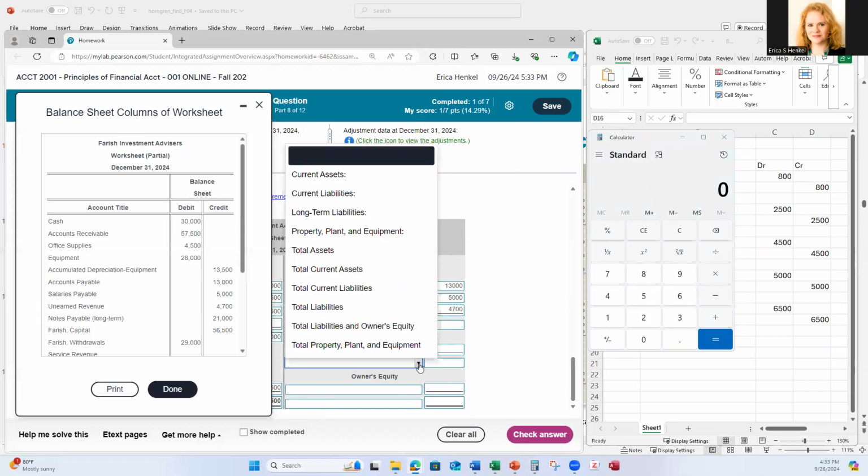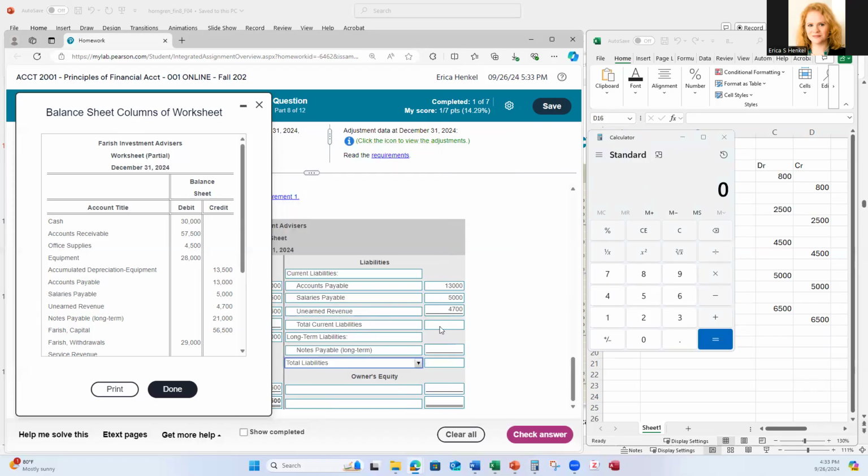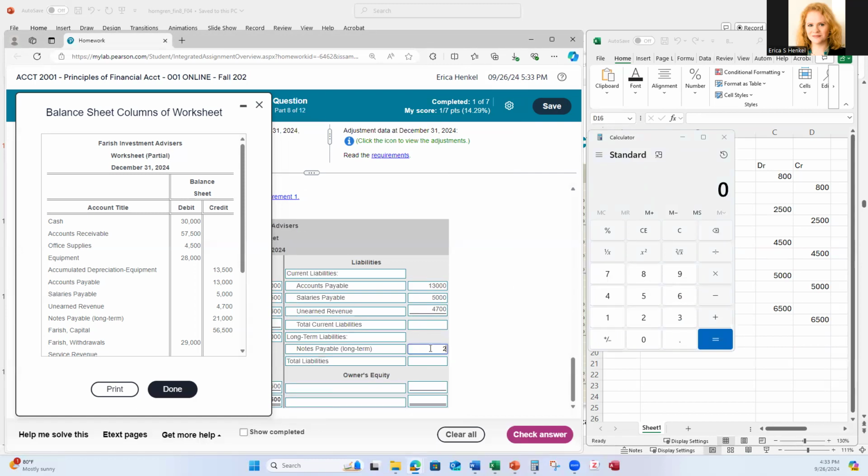They're just going to have us do total liabilities and then add together our current liabilities and our long-term note payable. And I've got to get my total there for the current liabilities. So 13,000 plus 5,000 plus 4,700 gets us 22,700. And I'm going to take that and add it to the 21,000 from my notes payable to get 43,700. Okay.